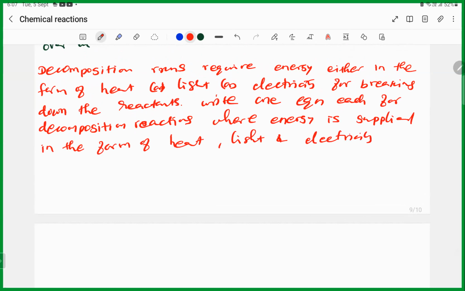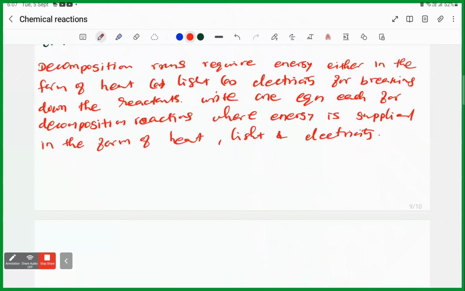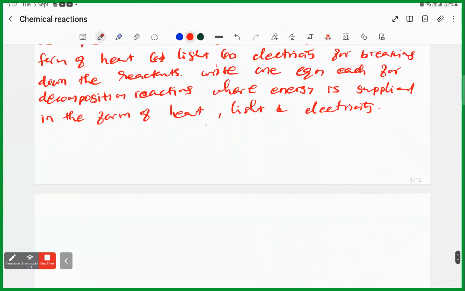So should you also give the scientific name for heat, light, and electricity? No need. Heat, light, sunlight, or electric current. That's all. So you have to give the example. Okay. All are decomposition only.